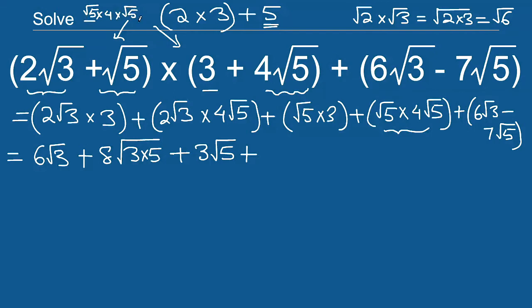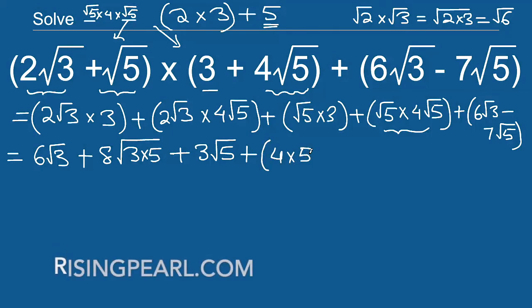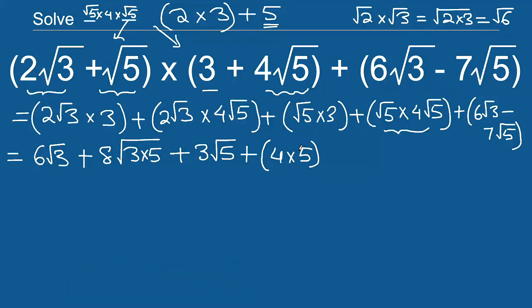So square root 5 multiplied by square root 5 is 5. So we can write, let's maybe write one step here. So 4 times 5. Because square root 5 times square root 5 is 5. Right? So we have written these 4 terms and now we have to write this. So plus over here 6 square root 3 minus 7 square root 5.